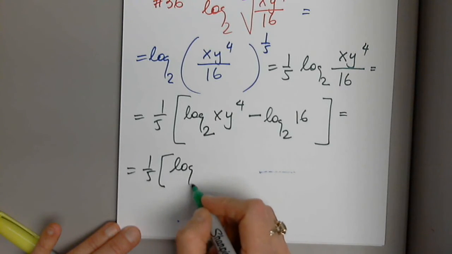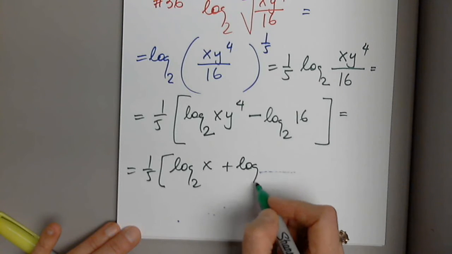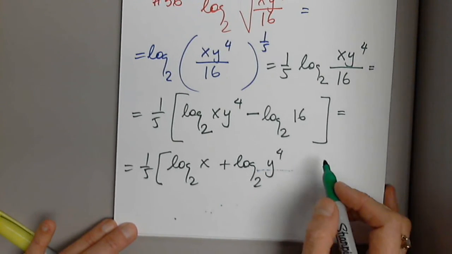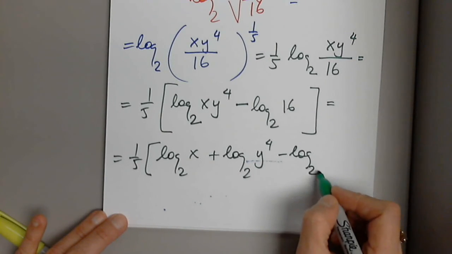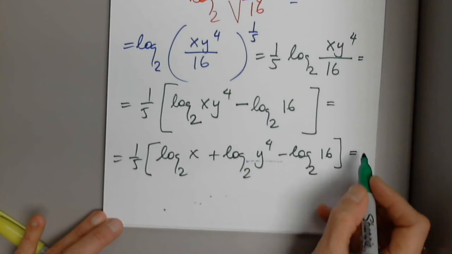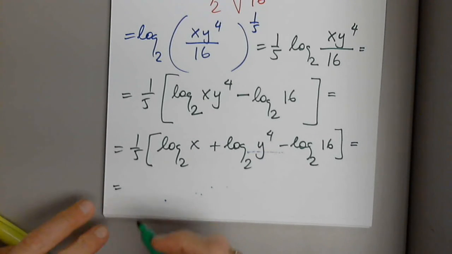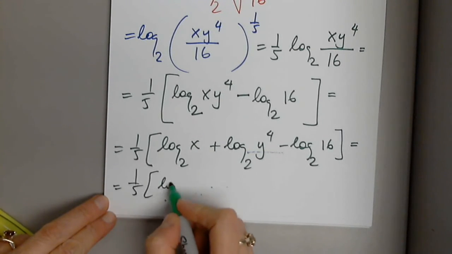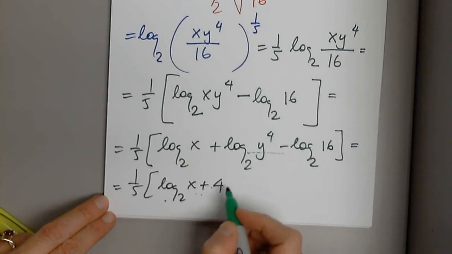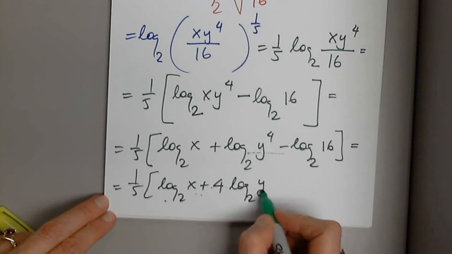I will have log base 2 of x plus log base 2 of y to the 4th minus log base 2 of 16. Two more steps. The first one is clear. I have to move the 4 forward in front as a factor. And that's the power rule that I apply. So it's 1/5 log base 2 of x plus 4 log base 2 of y.